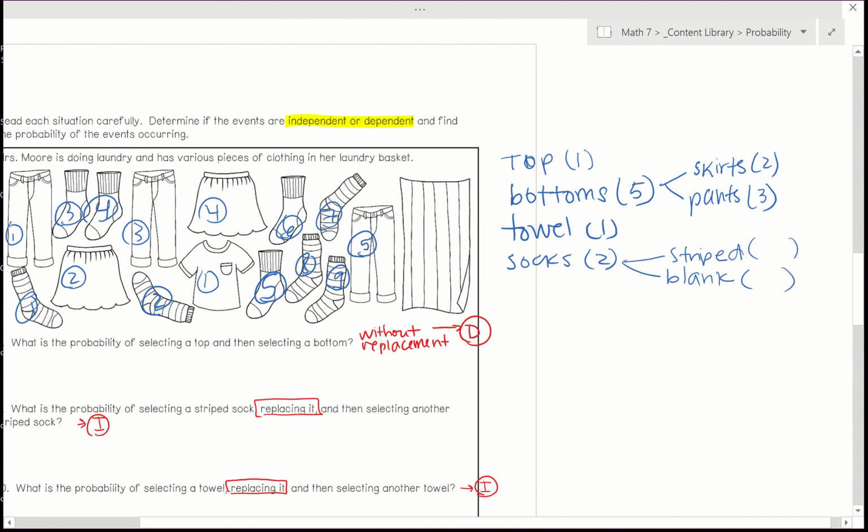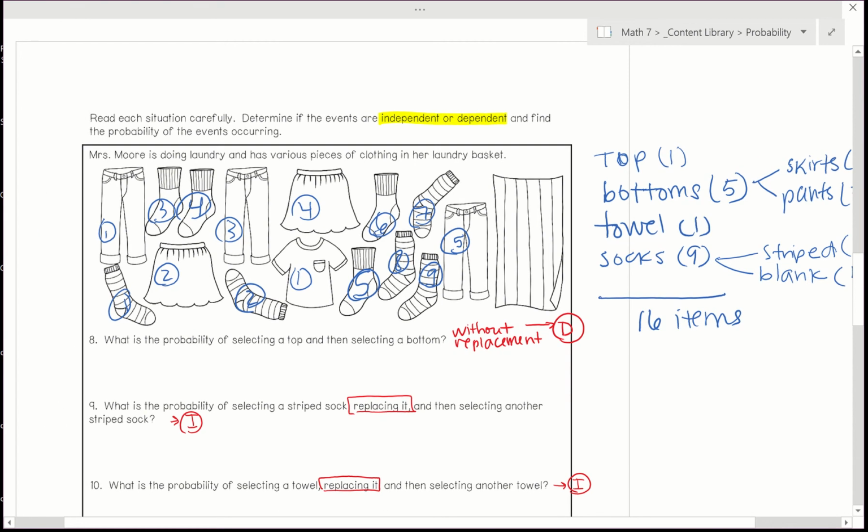There are 1, 2, 3, 4, 5 striped ones, and there are 1, 2, 3, 4 blank ones. Oh, I wrote 2. Why did I write 2? Okay. So in total, we have 1, 2, 3, 4, 5, 6, 7, plus 9. We have 16 items. And if you want to go back and check that, we can just count 1, 2, 3, 4, 5, 6, 7, 8, 9, 10, 11, 12, 13, 14, 15, 16 items. Yes.